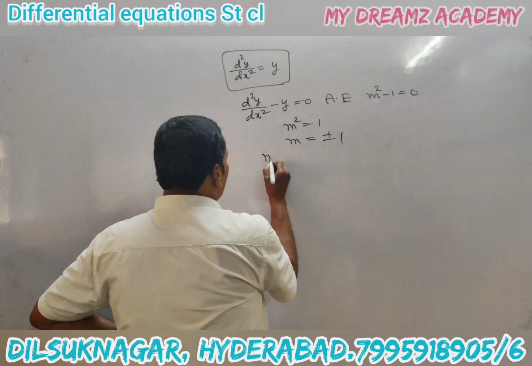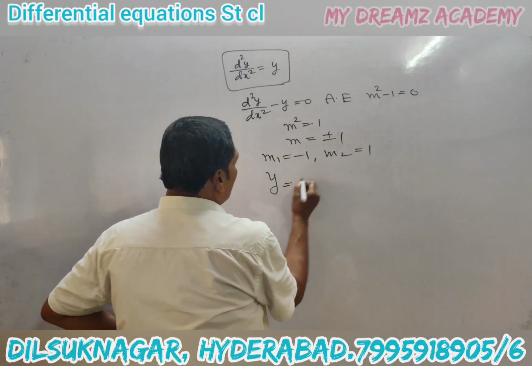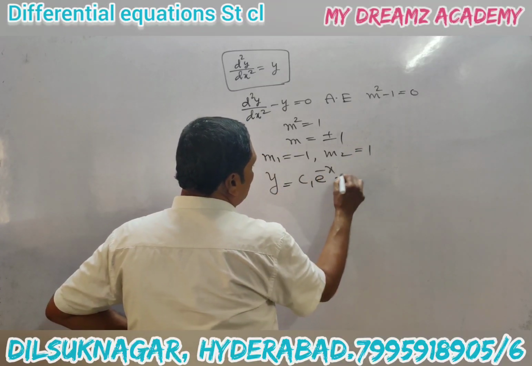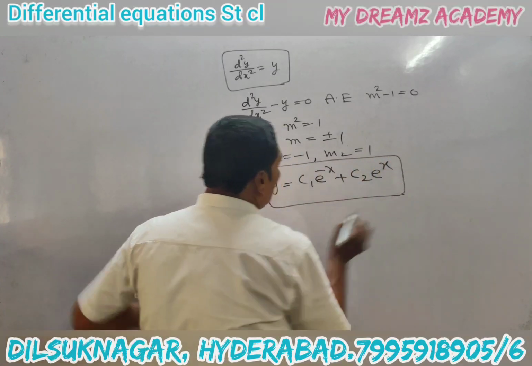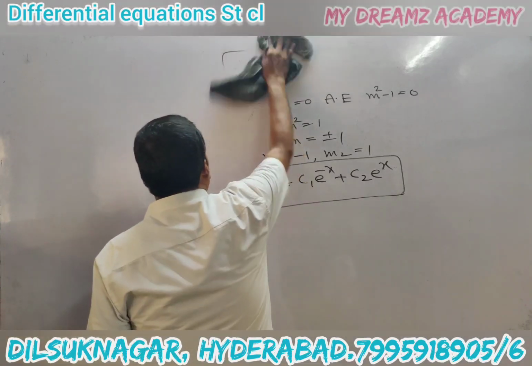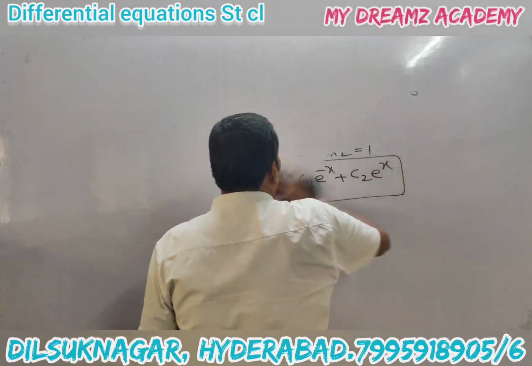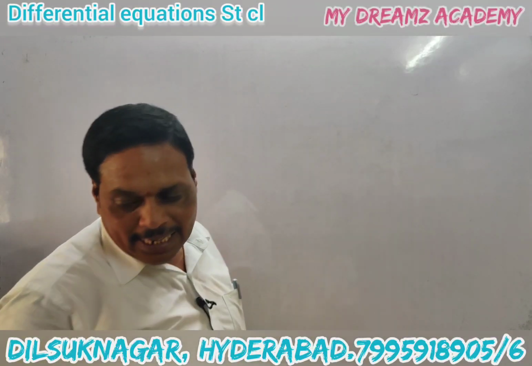Therefore, two different roots, m1 is equal to minus 1, m2 is equal to 1. y is equal to c1 e power minus x plus c2 e power x. This is also case 1. Now see, within seconds you can solve this type of equations, but you must be able to write the factors for a quadratic expression.